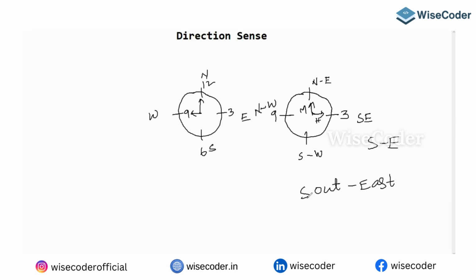When a watch shows 7:45, the minute hand points towards east.